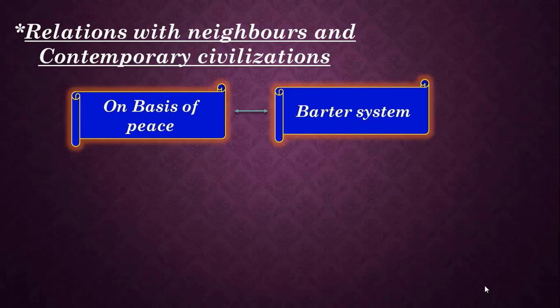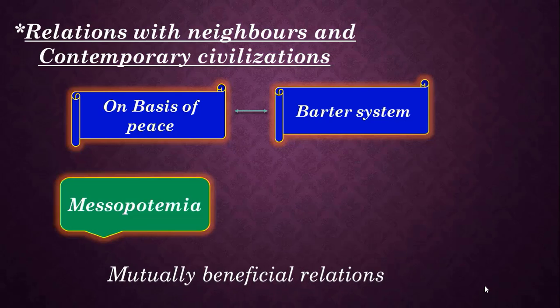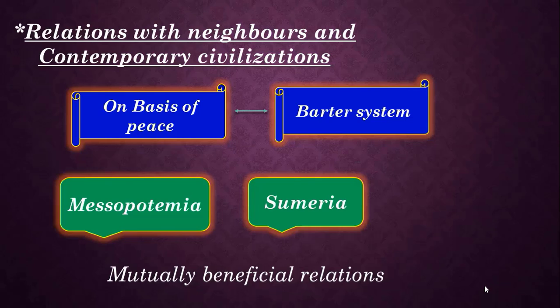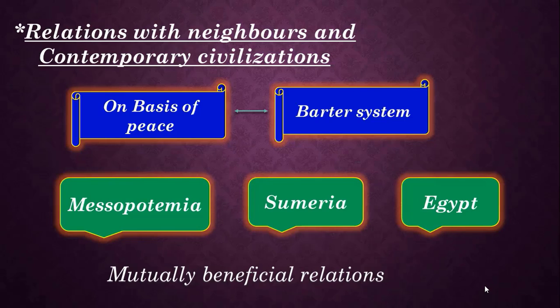Same as Indus Valley people were on good terms with other contemporary civilizations like Mesopotamia, Sumeria, and Egypt. Trade with these civilizations had also been done under barter system on the basis of peace. These mutually beneficial relations promoted cooperation and peace and discouraged the conflicts within Indus Valley civilization.